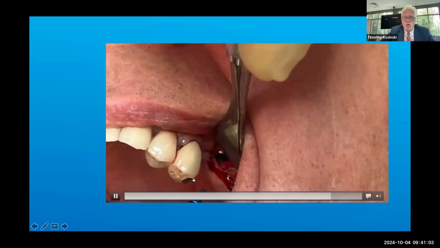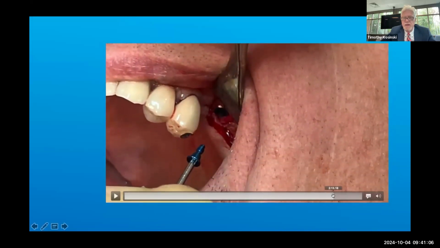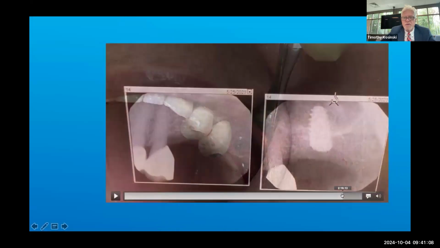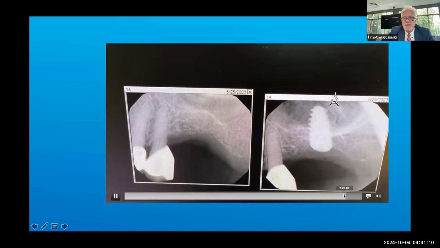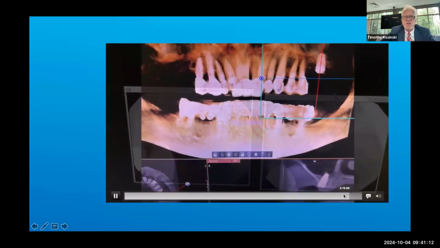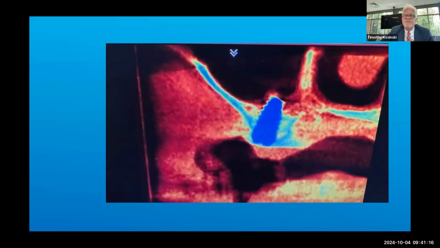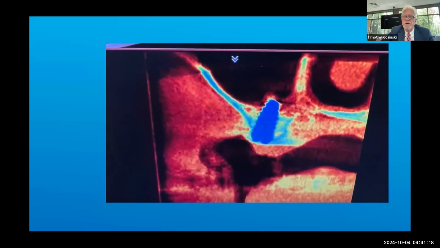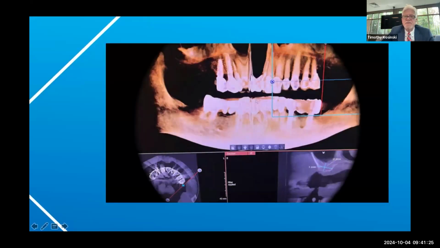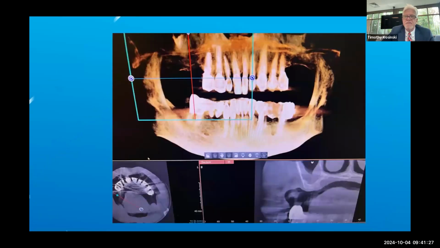That's amazing torque using this system. We can put our cover screw or healing abutment. Our implant is in position. We take a CBCT. You can see that we lifted that floor very predictably. So not magic, doctors, something that you should train yourself and get very good at.